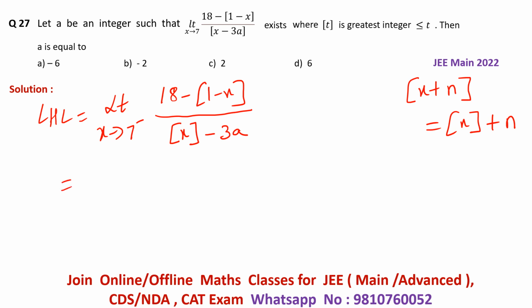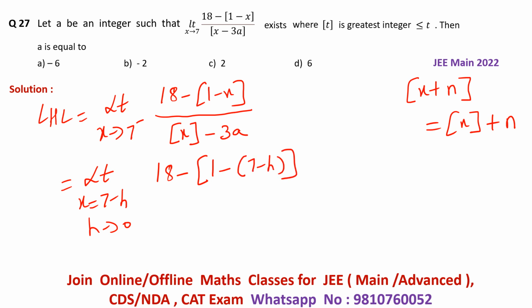Now students, this limit can further be written as, just substitute x equal to 7 minus h, where h is approaching 0. So this becomes 18 minus GIF function of (1 minus, in place of x I am putting 7 minus h), and in the denominator I have GIF function of (7 minus h) minus 3a, right?